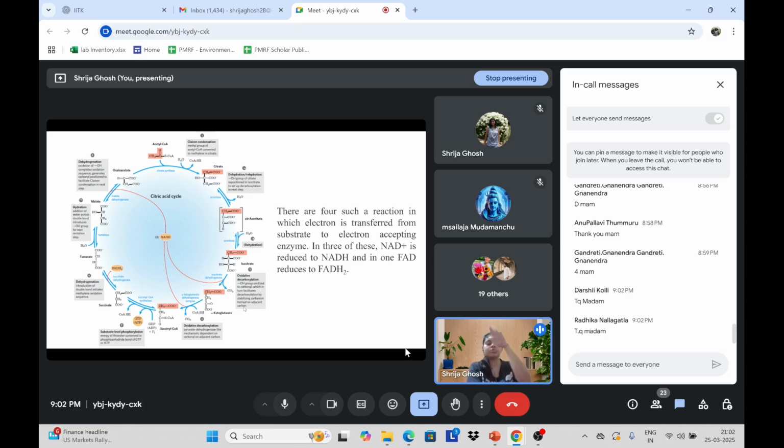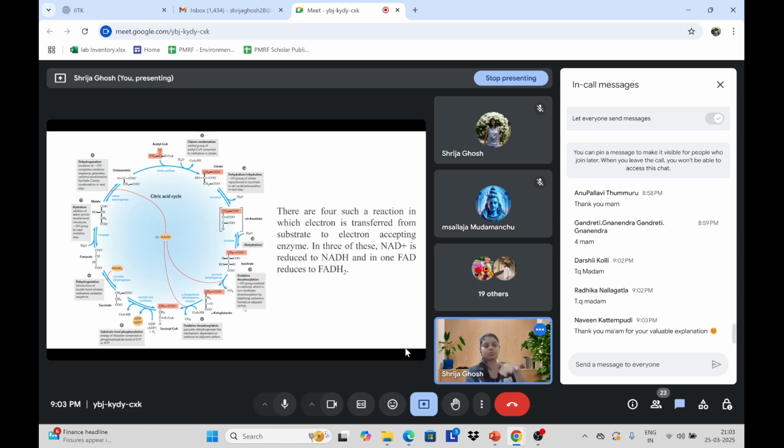So from glycolysis, we are moving to the citric acid cycle, and from the citric acid cycle, we are moving on to the electron transport chain, and final ATP generation is happening. So you have seen the oxidative, aerobic respiration reaction where the glucose was getting converted into carbon dioxide and water. So this is how the process is going on.